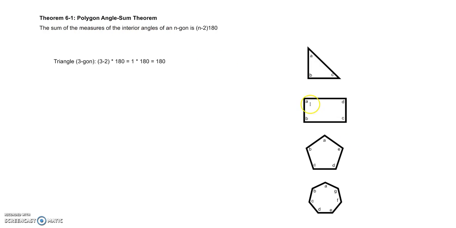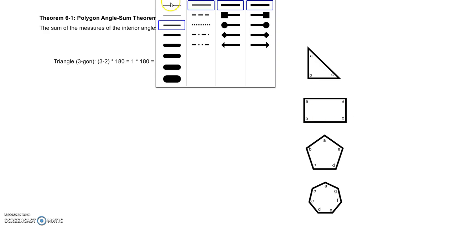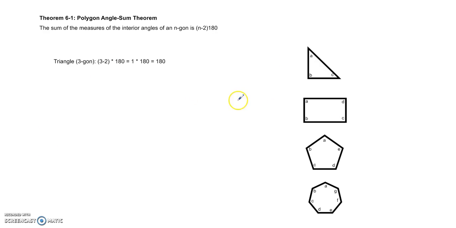Okay, so using this theorem that we've just learned about finding out the measure of the interior angles, let's find out what the sum of angles A, B, C, and D would be, right? So here we have a rectangle. And a rectangle, I would say, is probably known as a four-gon, right? Or has 4 sides.